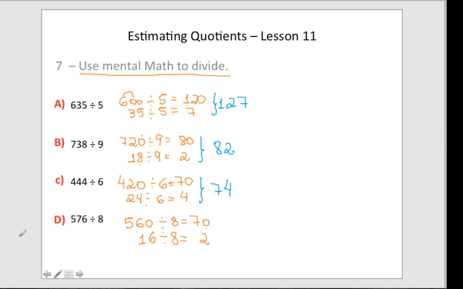So I come here and then I add 70 plus 2, 72. Remember, here we are doing mental math. When we do mental math, we do not estimate. We get the final result here. Okay, guys? I hope you understood.